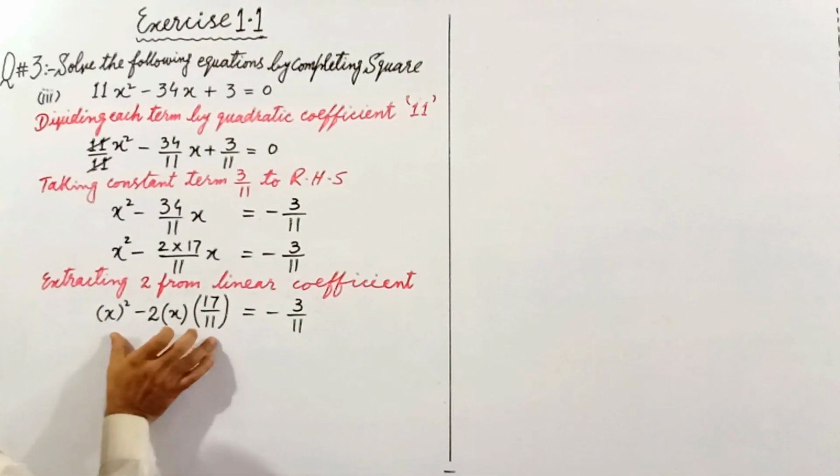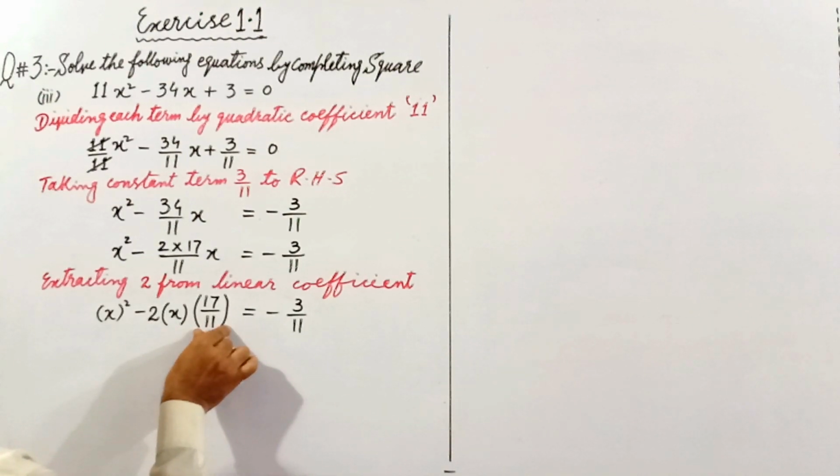To make this expression a perfect square, we need the square of 17 over 11 to be added in the left hand side.